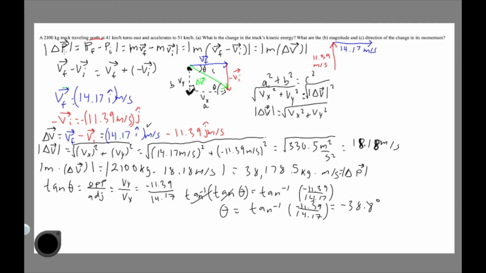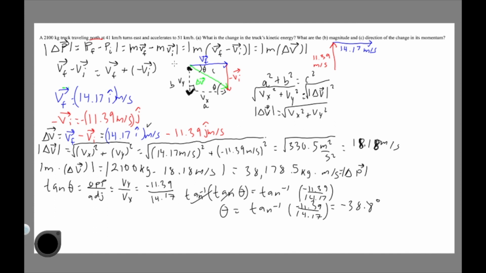So therefore, this angle makes sense, right? Because delta V is pointing in the fourth quadrant. Since delta V is in the fourth quadrant, let's imagine that this is an XY coordinate plane.